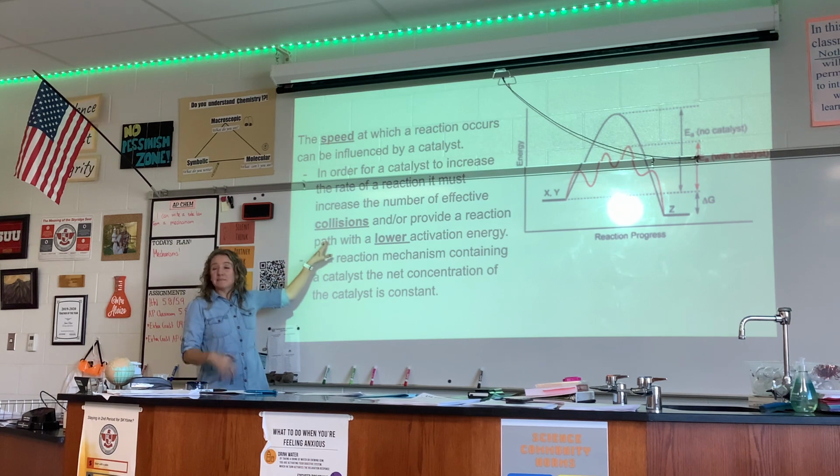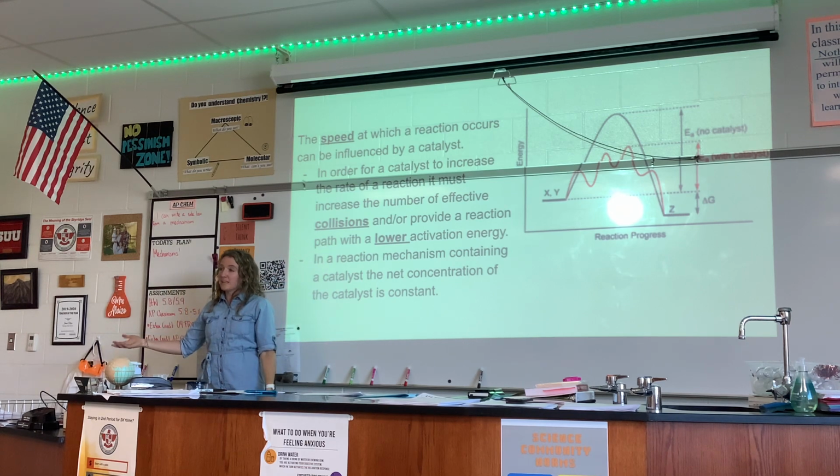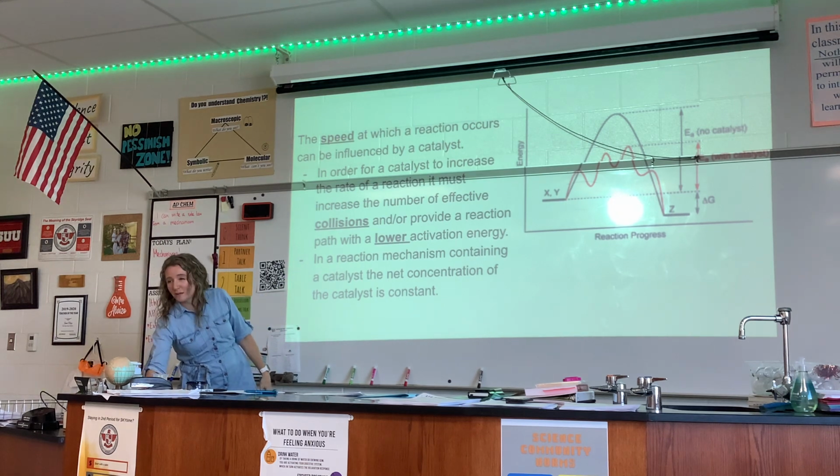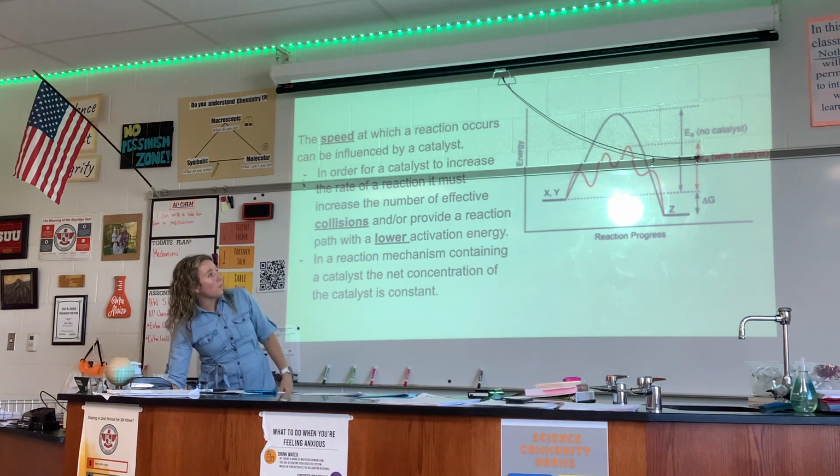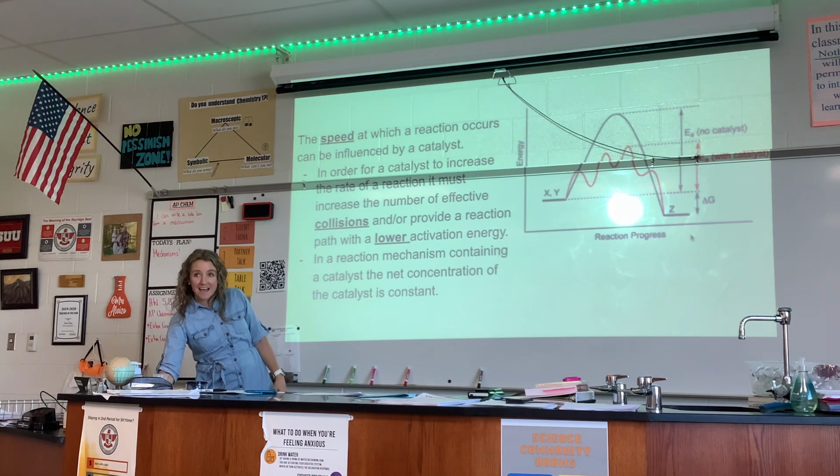Or, once again, sometimes a completely different path because you end up with multiple intermediates, and that's what this graph is showing. So if you want to use your highlighter to emphasize it, the black line is the original reaction. The red line is the pathway that happens when a catalyst is added. So you go from a one-step reaction to a one, two, three, four step.